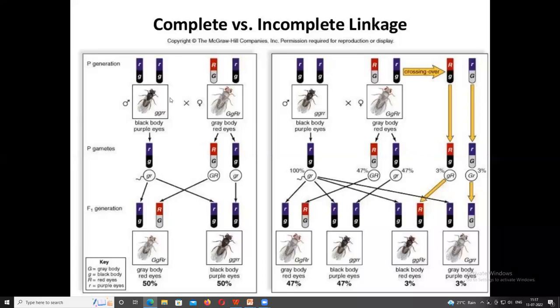See, this is one parent, same as this, and second parent, same as this.